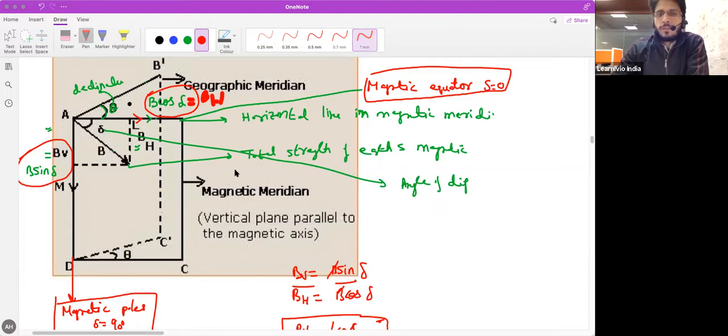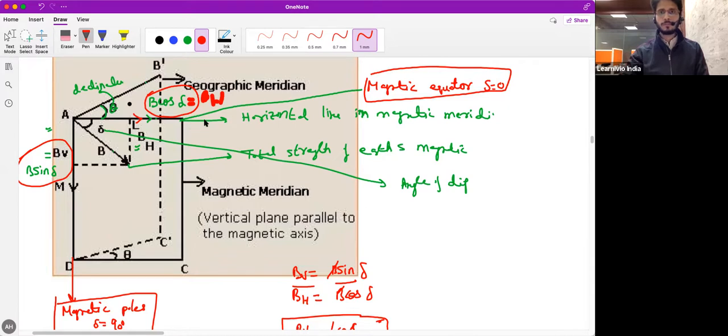Draw this diagram. Everything is in this diagram. Whatever you need in Earth magnetism is in this figure. So we'll write this magnetic equator also, like these horizontal lines and all.